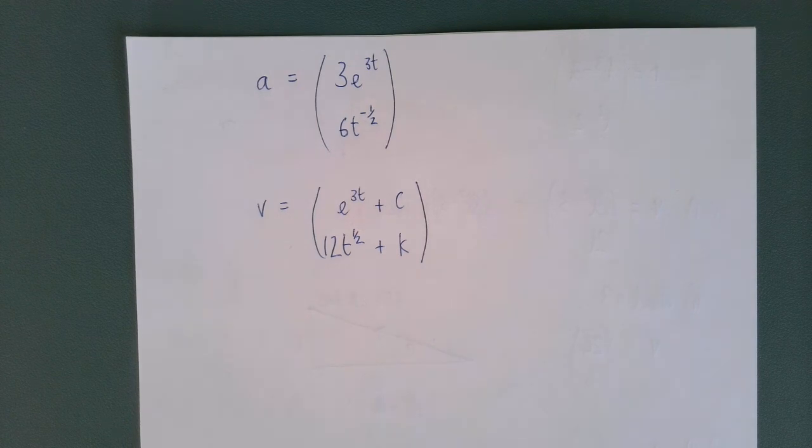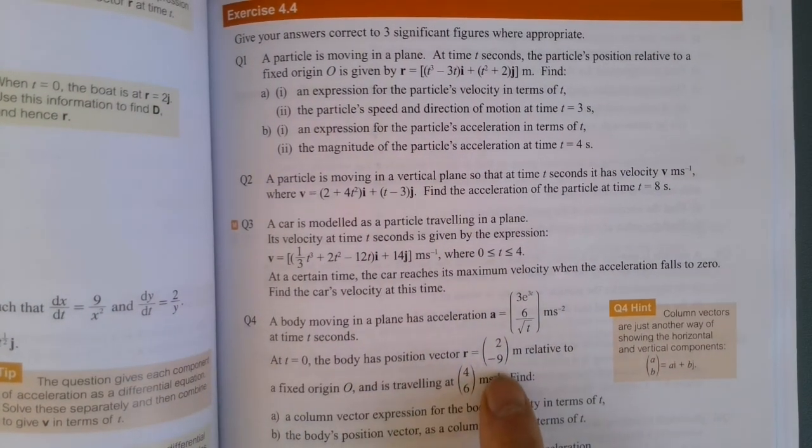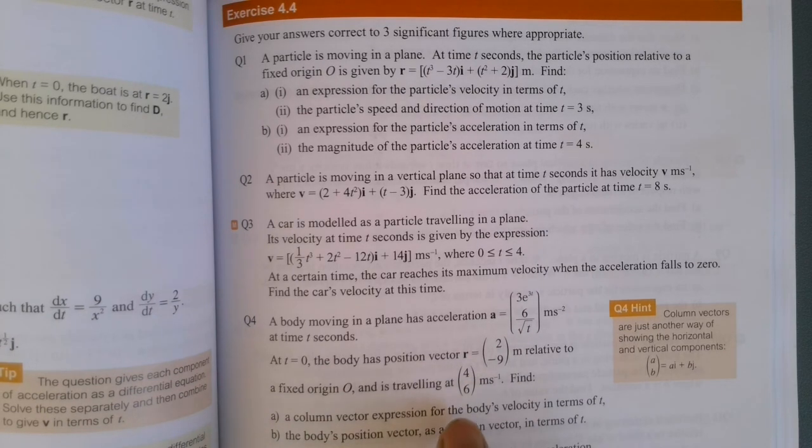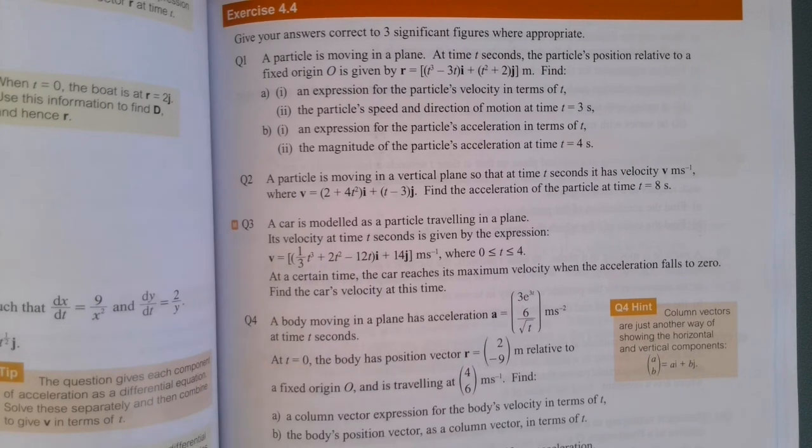Now, we often have this when we are using integration to undo differentiation to get the formula for a function, and they normally then give us a point which we can substitute in to work out the value of c, and that's what we've got in this one, haven't we? We've got a position vector and a speed when t equals 0.